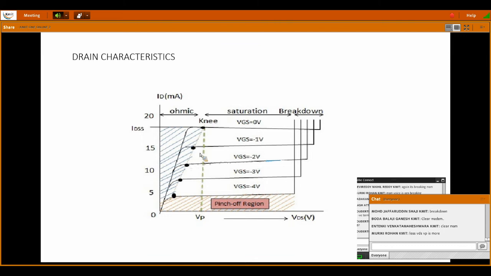For a less value of VDS, I am getting the pinch off level at lesser voltages. See here, when VGS is minus 1 volt, if you observe the diagram, VP is available at a very low voltage of VDS. Have you all understood?